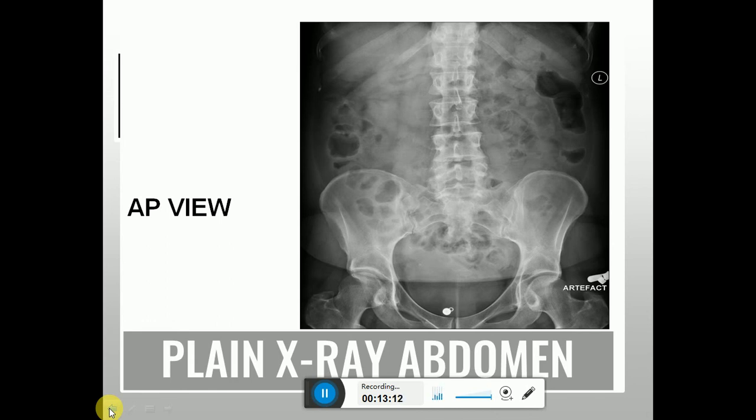We want our X-ray to be clear, so the objective is that we want to make the gastrointestinal tract empty as much as possible. It should be free from food in the stomach, gases and fecal material in the intestine. So we don't want these things to obstruct our view.